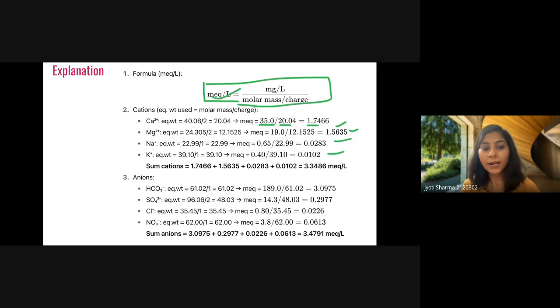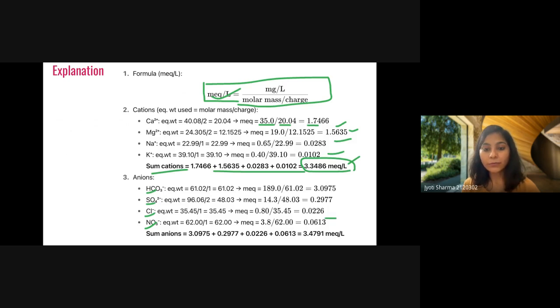These are the cations, and we will do the sum. So this much milli equivalent per liter of cations we have. This is how we also calculate the anion concentration, for carbonate, sulfate, chloride, nitrate. So this is how we will have the sum of the anions.